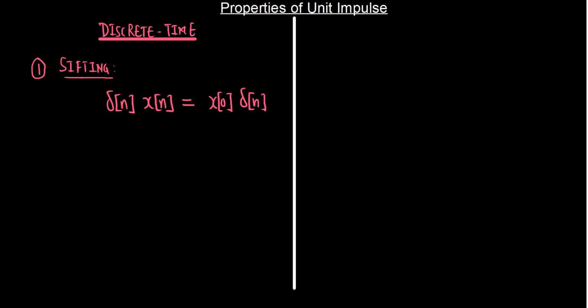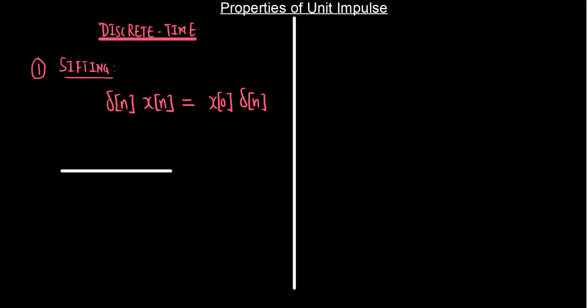So you can see that if you multiply this del of n with any signal x of n, it simply picks up the value that is present at n equals to 0. So that can be easily seen graphically.